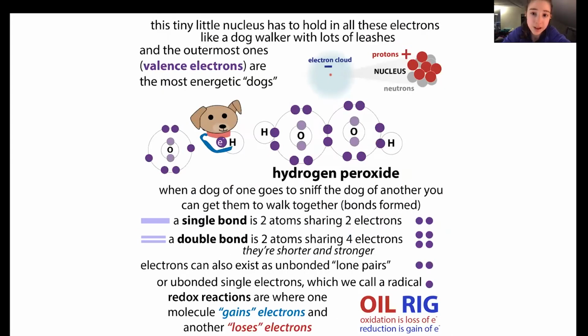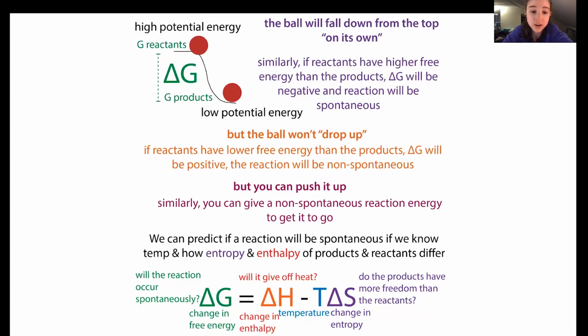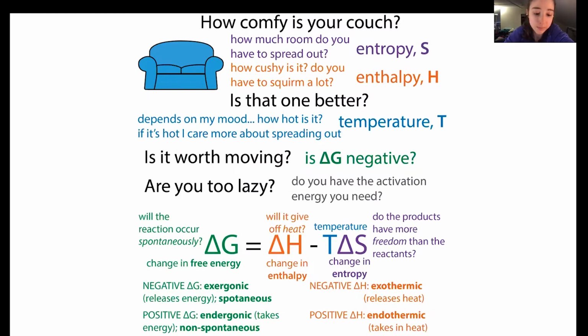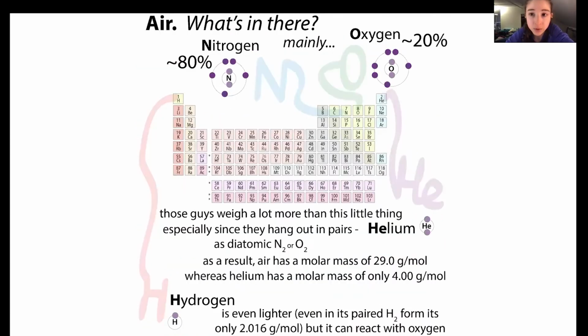The oxygen is coming from the air, which is about 20% oxygen, in its diatomic form, O2, two oxygen atoms bound to one another.